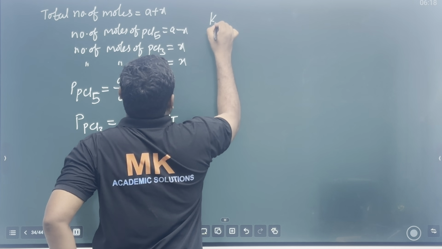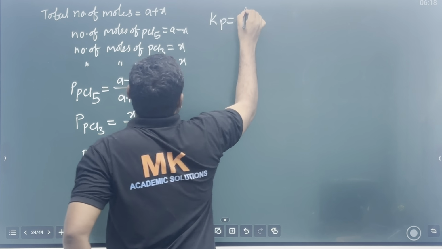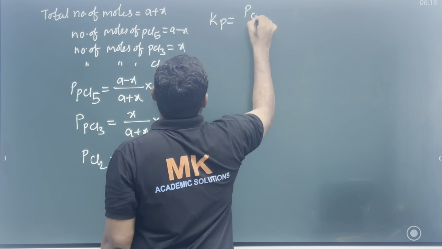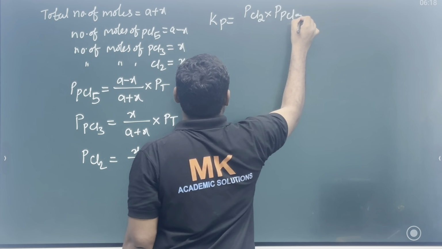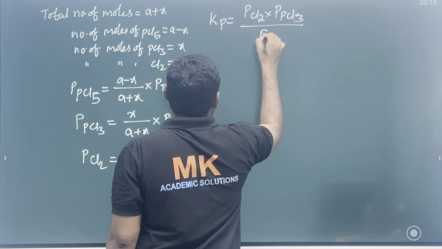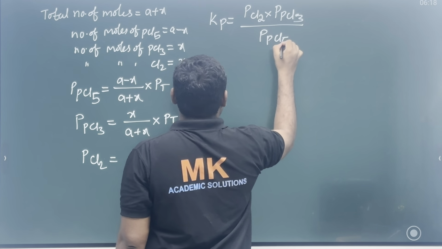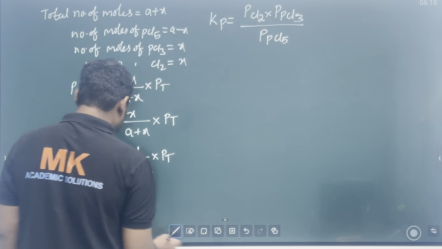Now Kp is equal to the partial pressure of Cl2 into the partial pressure of PCl3, by the partial pressure of PCl5. This is the Kp expression.